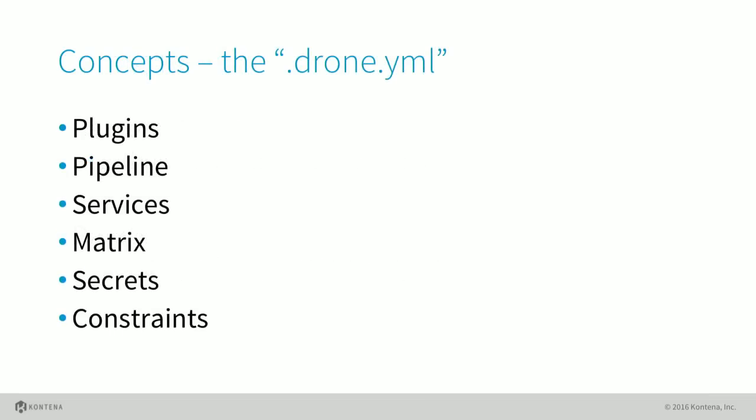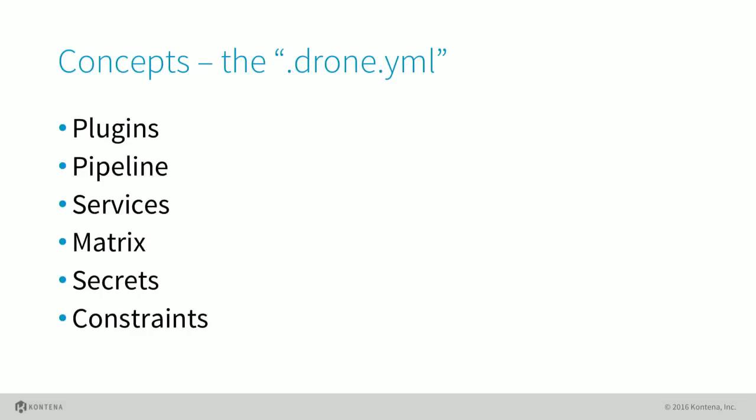So, the concepts of what you configure for your project in drone. You typically configure a set of plugins that operate as part of your build pipeline. The plugins that you define in your drone YAML then form the actual pipeline and are executed sequentially in the build process.